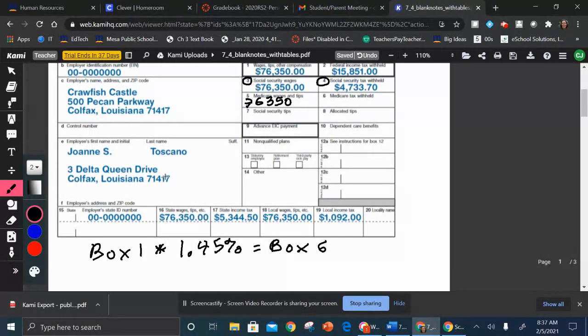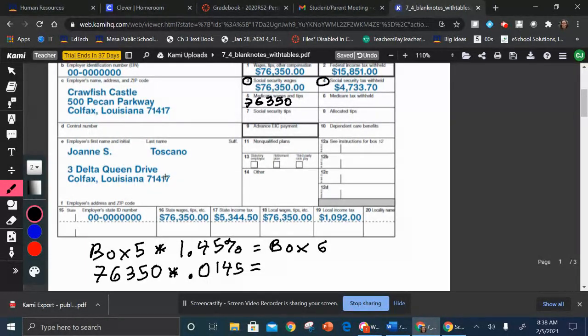Okay. So that's 76,350. So we're going to do box 1, so that 76,350. Actually, this should all be box 5, by the way. But, so box 5 times 0.0145 as a decimal.